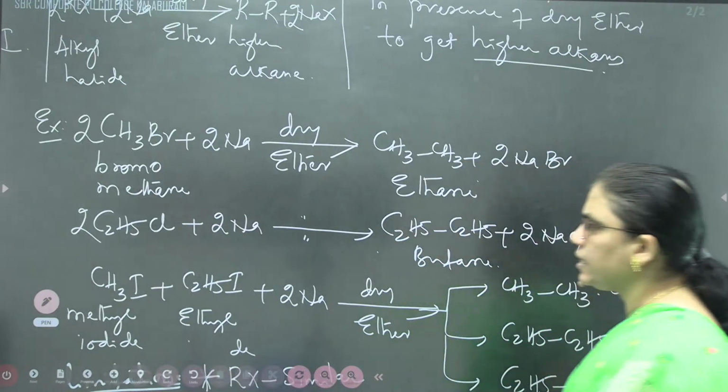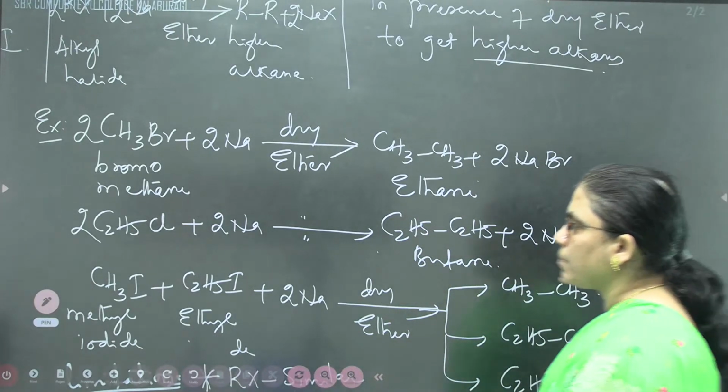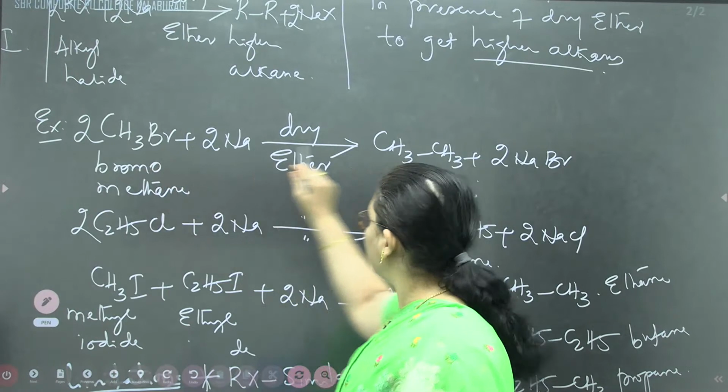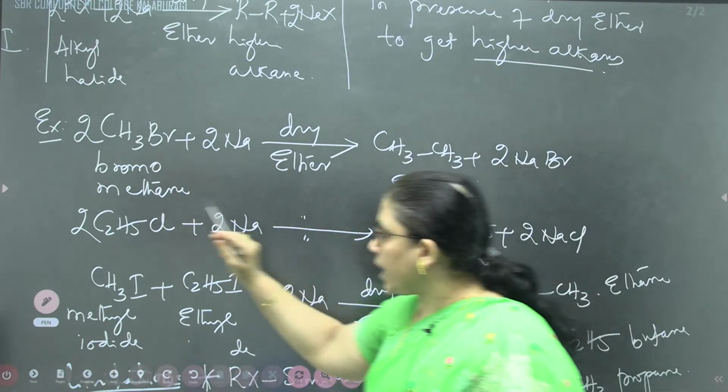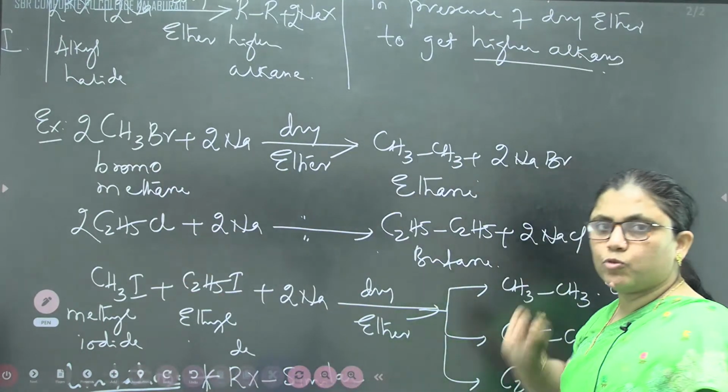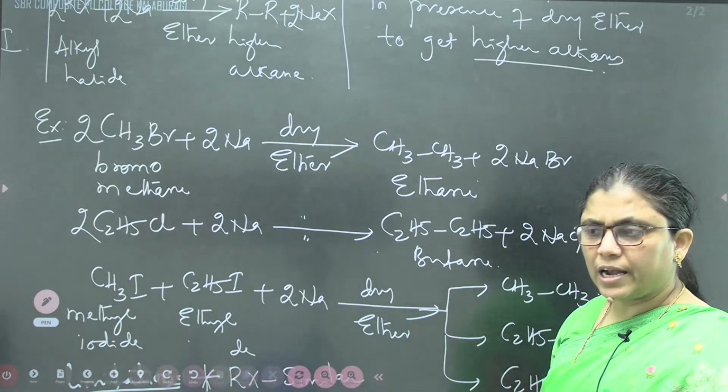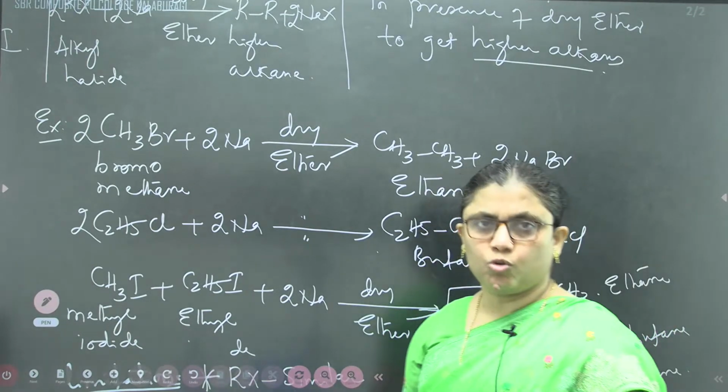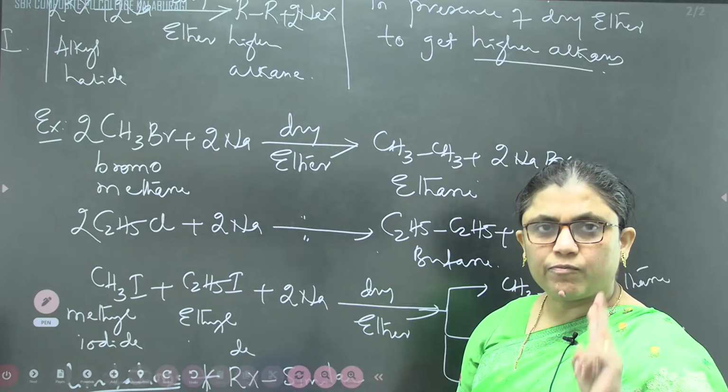Here we have taken 3 different examples. In one example, I have taken methyl bromide, and the product is ethane. With ethyl chloride, we got the product as butane. 2 similar alkyl halides were there, so the product is only one.